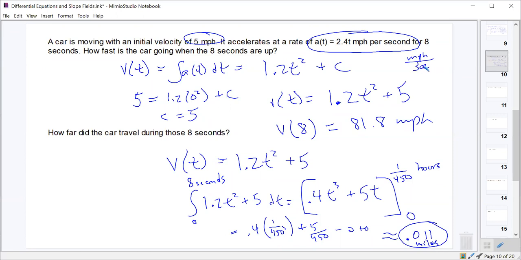When we first integrate that, that gets rid of the seconds, and we can do it in terms of seconds. Okay, I see. Thank you. And then it just becomes miles per hour afterwards, and so then we have to do it all in terms of a unit of hours. That makes sense? Yeah, thank you. No problem.